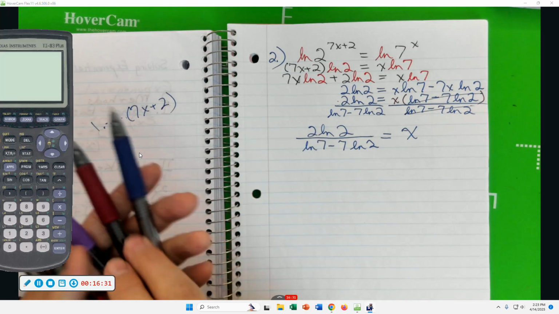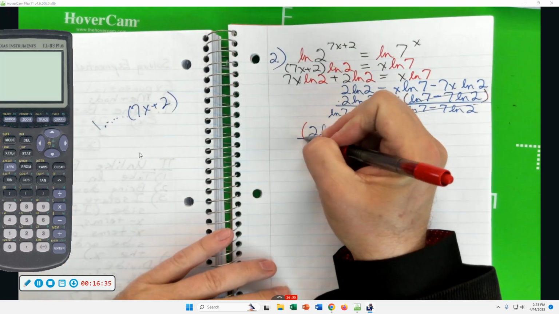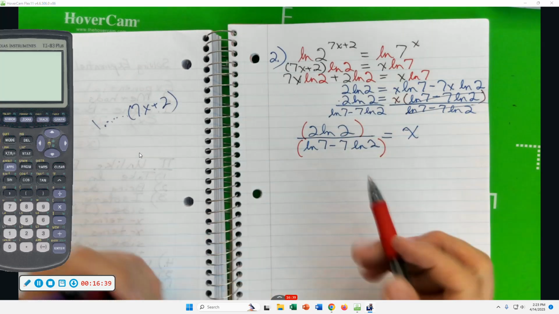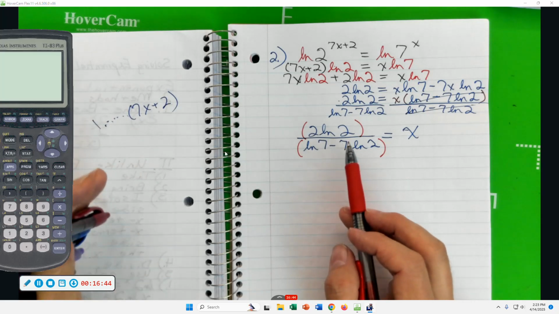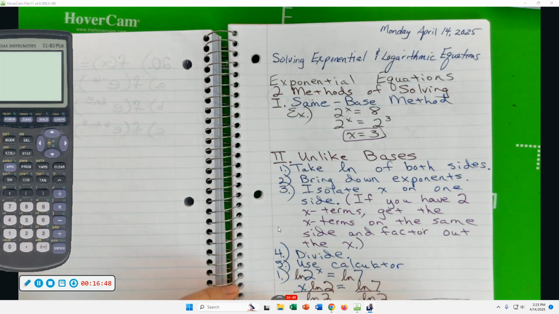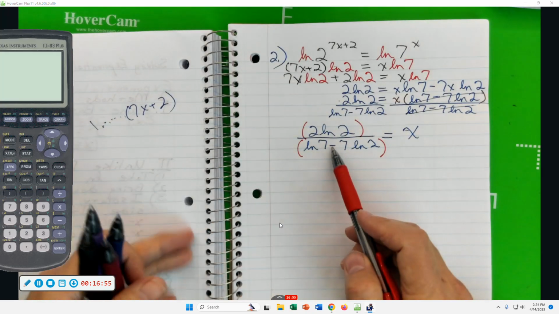To make sure of that, you're going to have to assume parentheses around the numerator and the denominator. If you're trying to type in a fraction that has any operation other than division, look at number 1. It was ln 7 divided by ln 2. There was no multiplication, no addition or subtraction.